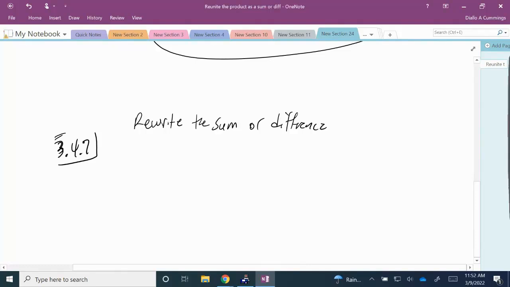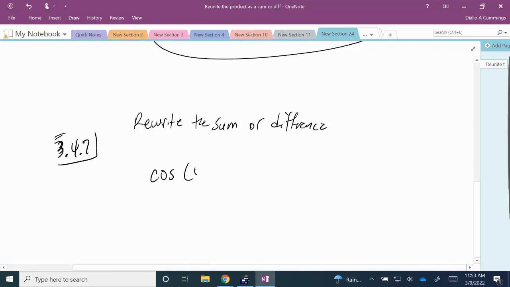Now, believe it or not, the product to sum and the sum to product are some of the easiest formulas to use. They just sort of look scary, right? But once you find the right pattern, you may have to manipulate, you may not have to manipulate, but once you find the right pattern, it's just a matter of substituting and simplifying.